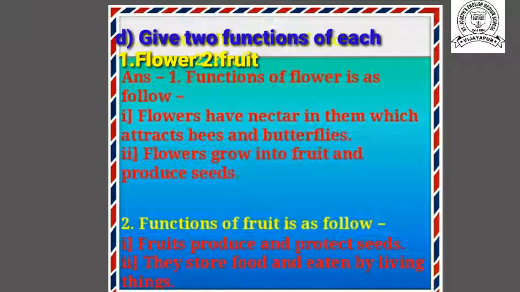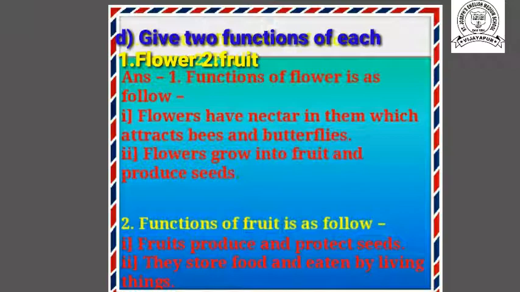Some fruits have one seed, and some have many seeds. I tell the example: mango has one seed, and pomegranate and papaya have many seeds. And these fruits are eaten by all living things.